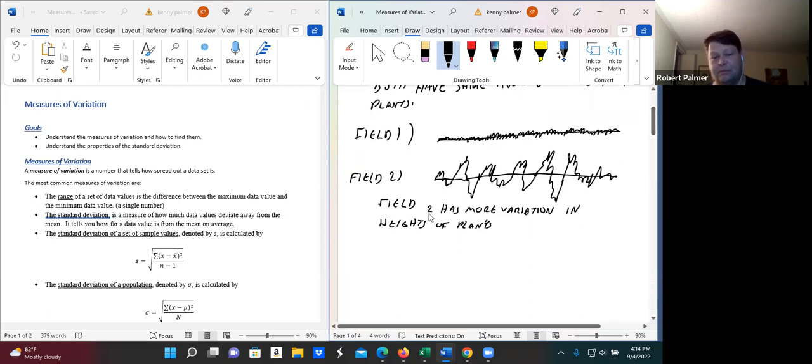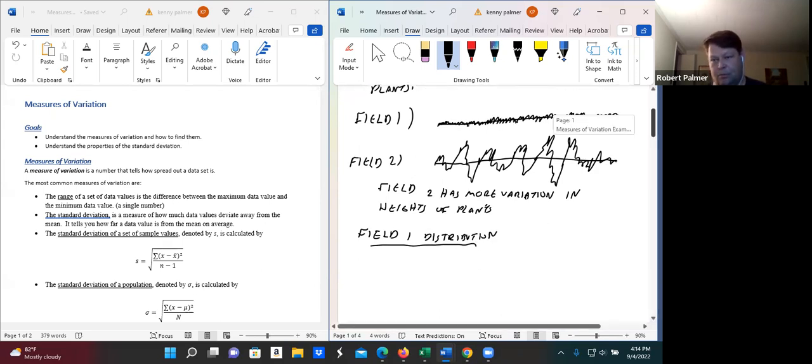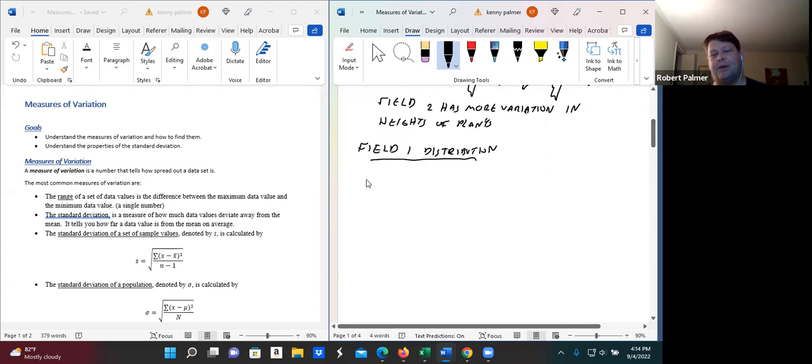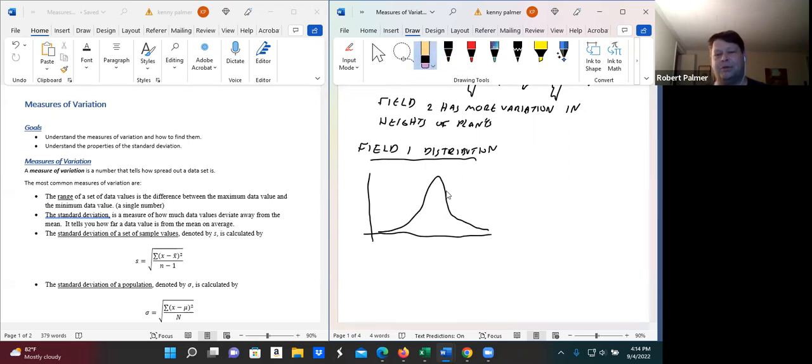Looking at a distribution of those, for field 1 it might look a lot like this, where this is the average right in the middle. Basically all your values are really, really close to that average height, as we saw here. That's what the distribution might look like.